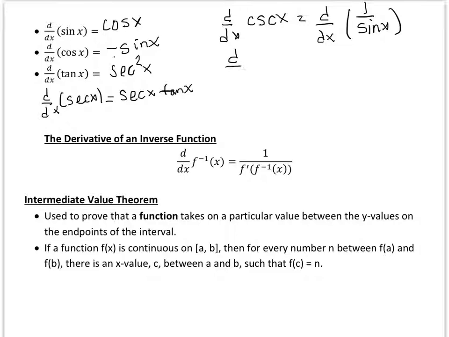If you were asked for the derivative of cotangent, you would want to write cotangent as cosine over sine and use quotient rule. And then don't forget that tangent is sine over cosine in case you're asked to, and secant is 1 over cosine. So don't forget those relationships in case you need to evaluate.